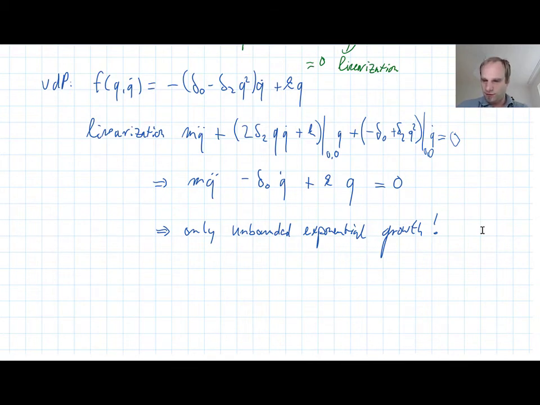If given enough time, the amplitudes will become arbitrarily large. So this is really a qualitative difference, much in contrast to what we did so far. Actually, conservative oscillations and also damped oscillations.